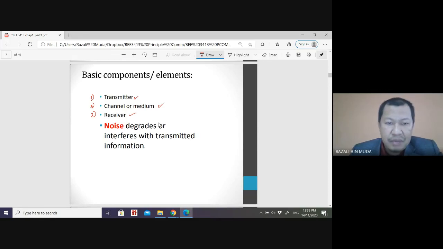Number 4 is the external factor, which is the noise. The noise degrades or interferes with the transmitted information. So noise always interferes with or interrupts the information. Noise is something that we don't want, or we need to minimize the noise.